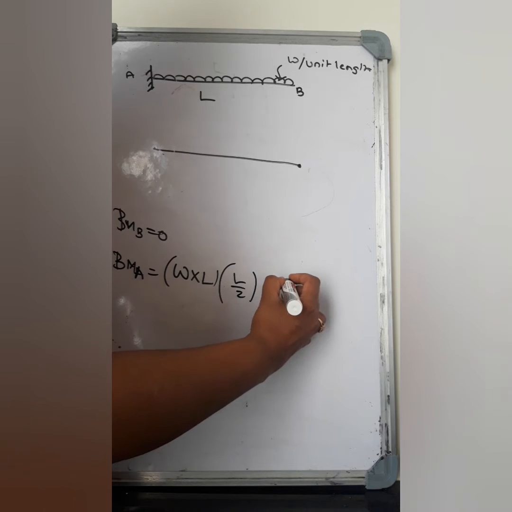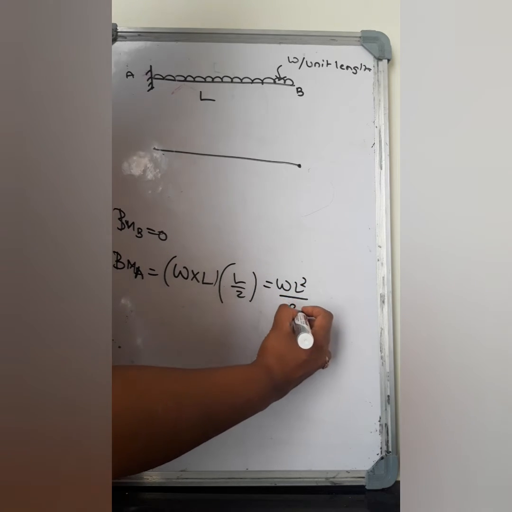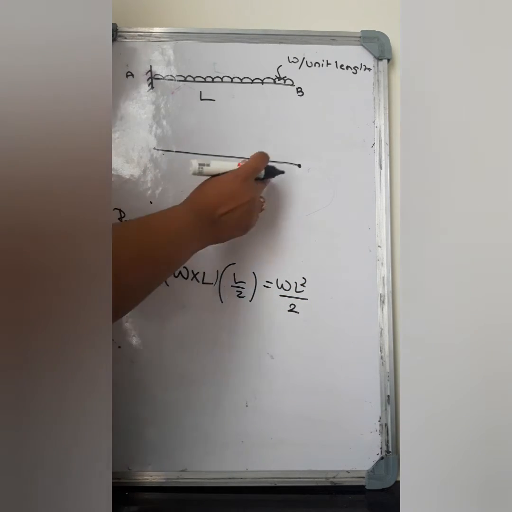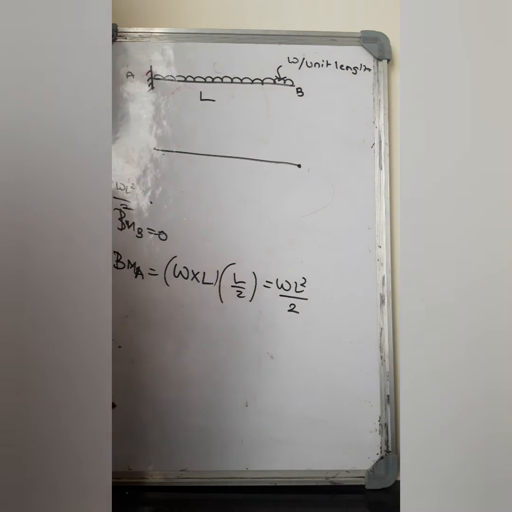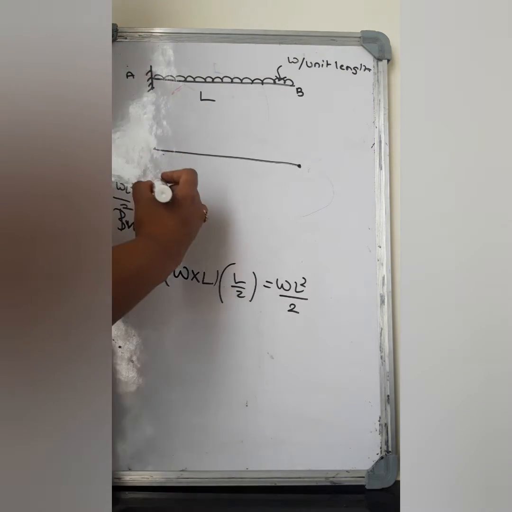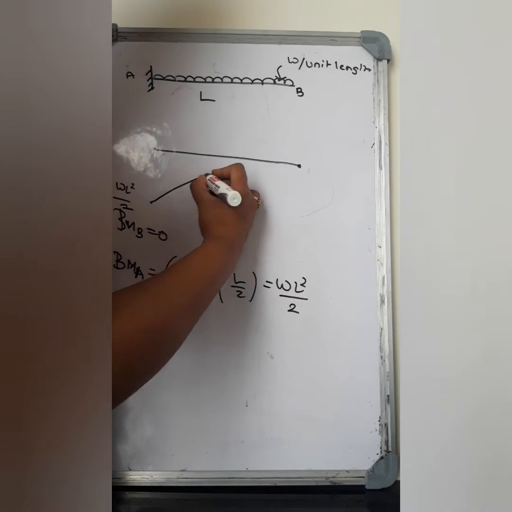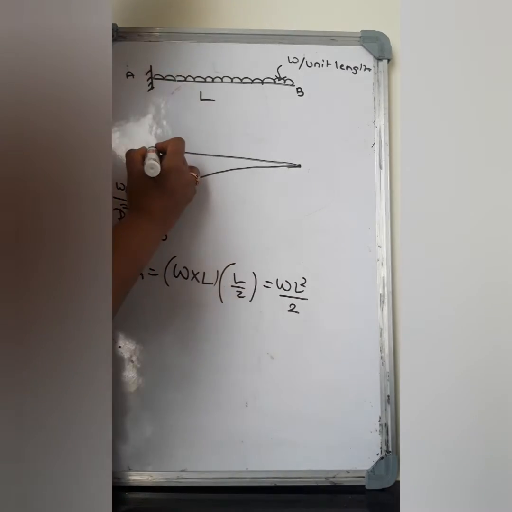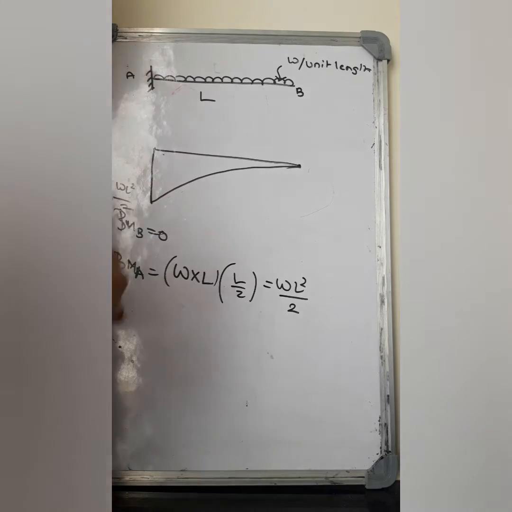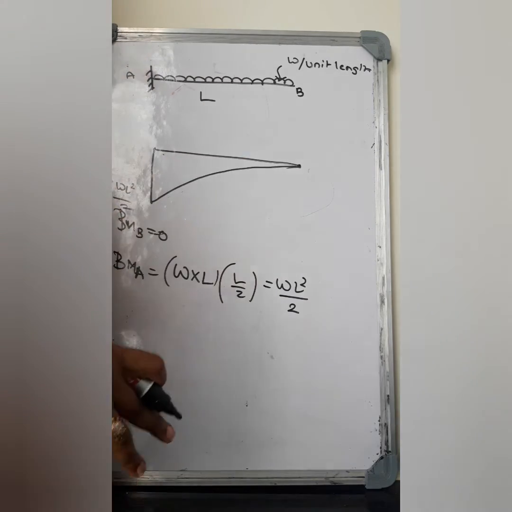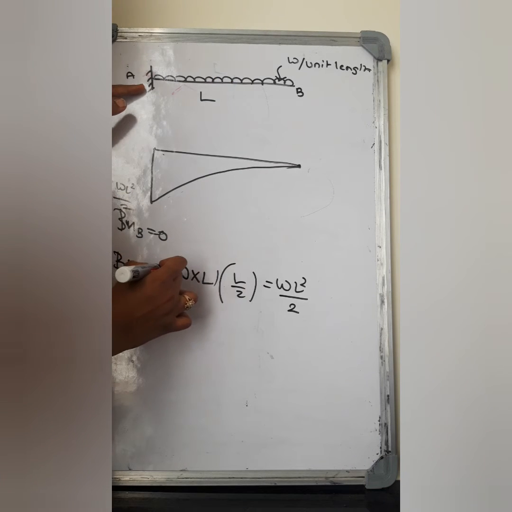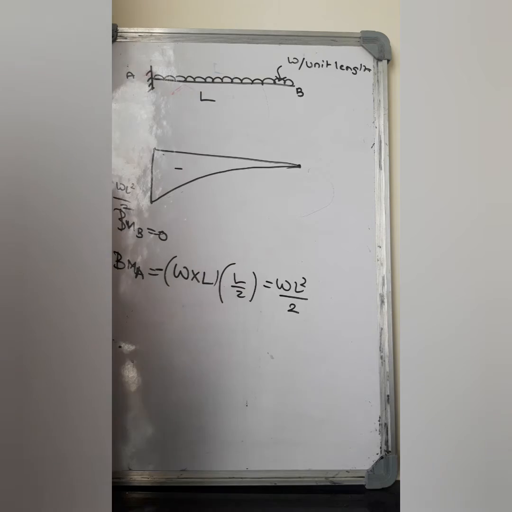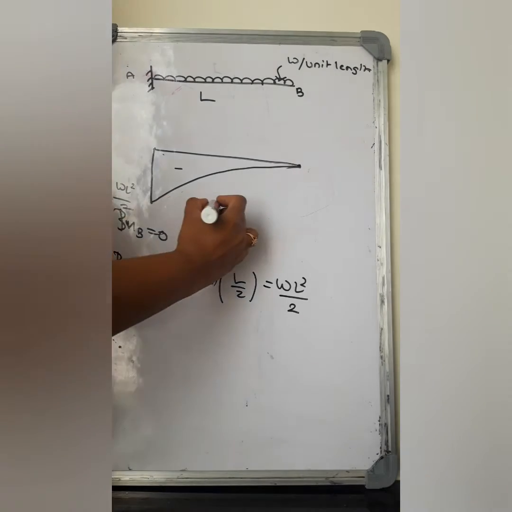So you will get WL square by 2. So here it is 0 and here it is WL square by 2. Always remember, whenever you have a UDL like this, you join with a curve. This is a clockwise moment, so it will be considered negative. So this is the bending moment drawing.